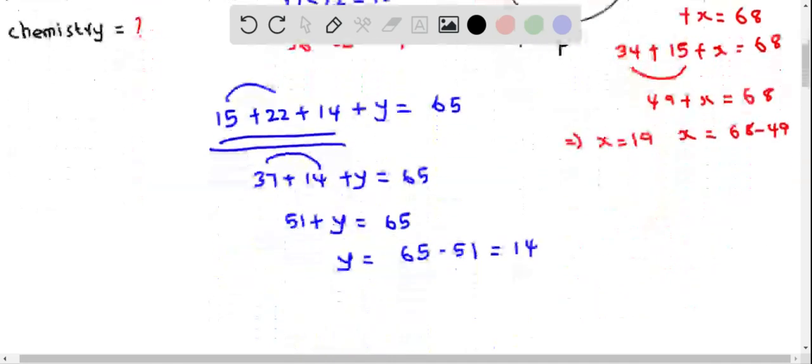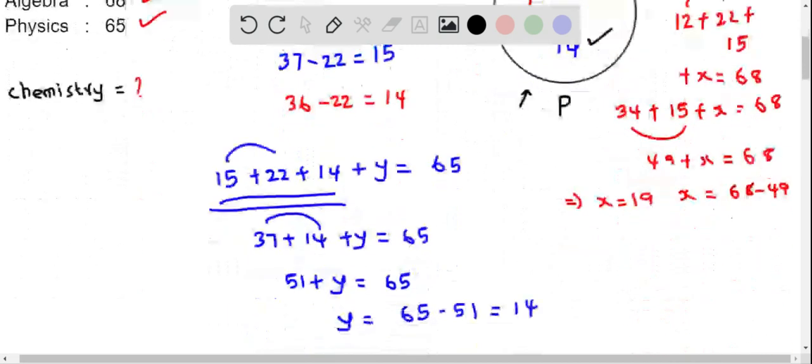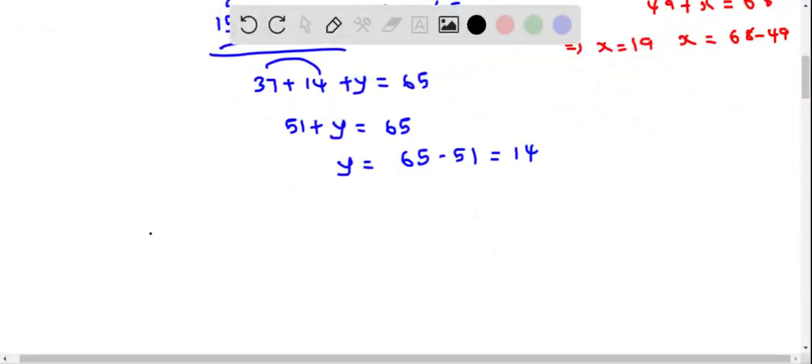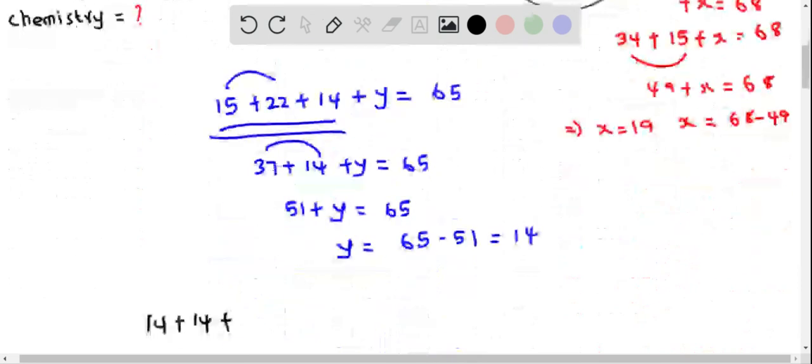So let me add up all the numbers. We have 2 times 14, so 14 plus 14 plus, we then have this 15, 12, 19, and we also have 22.